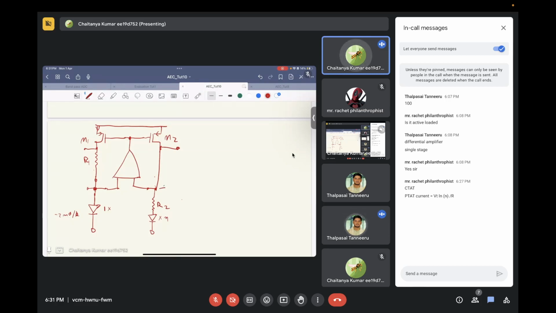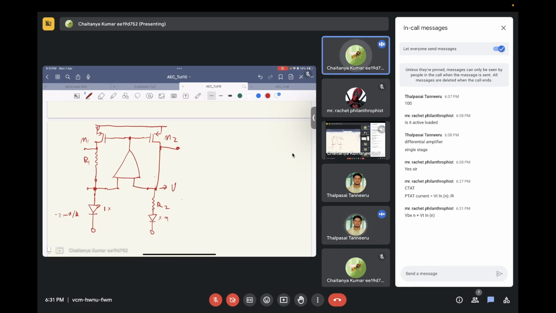What is the voltage at this node? Sir, N into VBE here; left side is VBE, and right side will also be VBE.